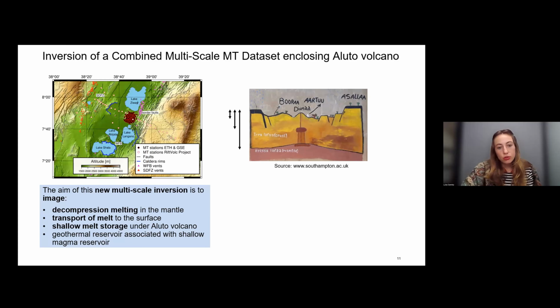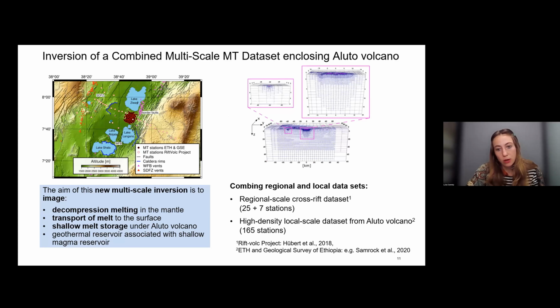And to be able to do so, we combined two data sets, one that is very closely spaced at Aluto volcano, and a second one that crosses the rift. And we obtained these data from the RiftWall project and from the Geological Survey of Ethiopia, and we're very thankful that we could do so to enable really imaging the structure underneath Aluto in detail and then have a wide aperture to look deep.